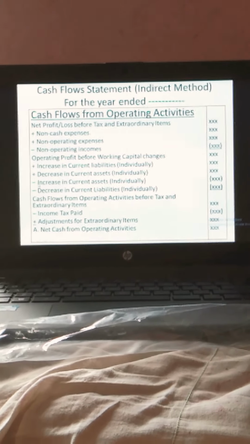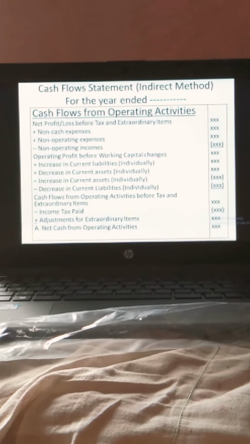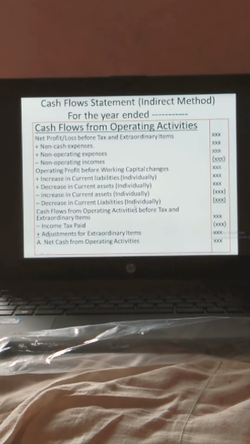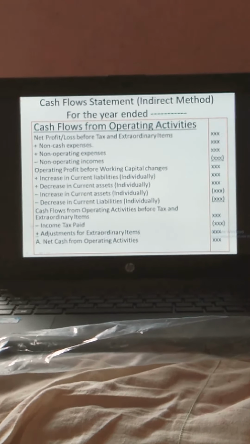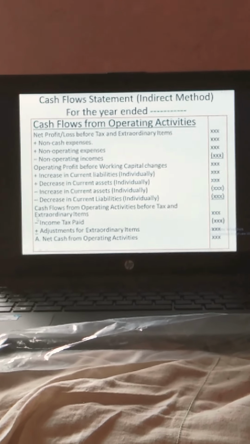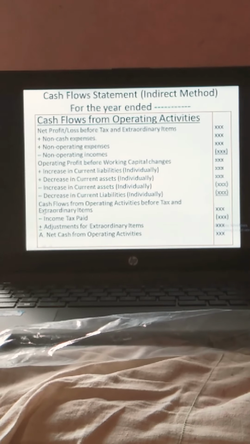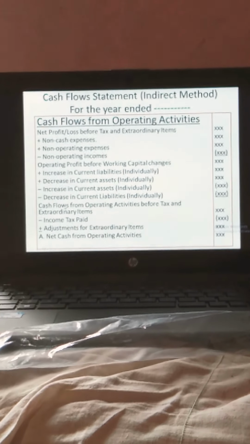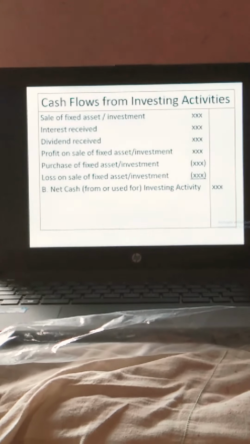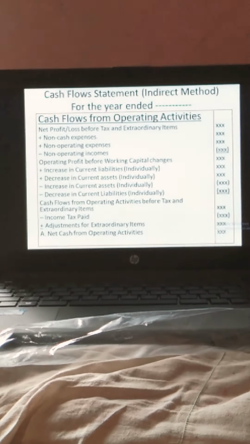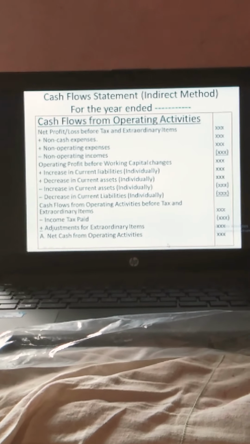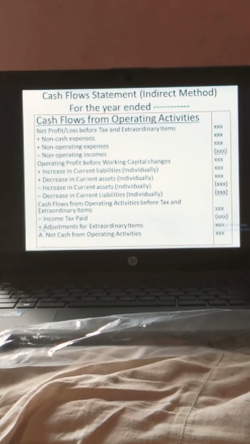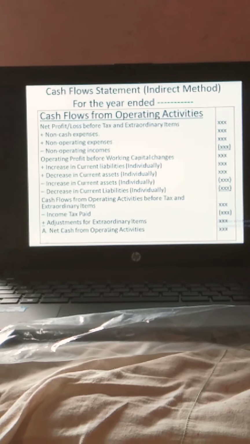Then minus increase in current assets and decrease in current liabilities, so that you are getting cash flows from operating activities before tax and extraordinary items. From that, you have to deduct income tax paid, and make sufficient adjustments for extraordinary items.